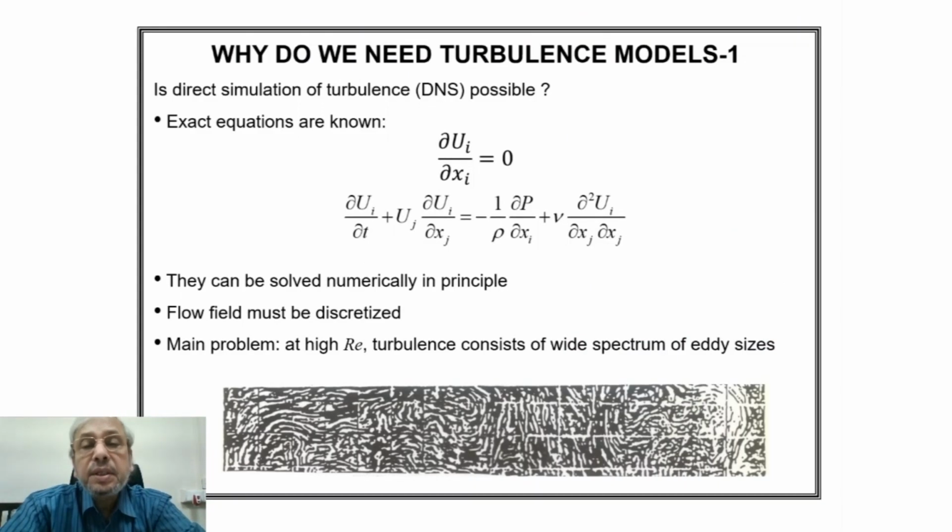First, I will mention a technique which is called direct numerical simulation or DNS. The exact equations of any flow situation are basically the continuity equation and Navier-Stokes equations in three orthogonal directions.